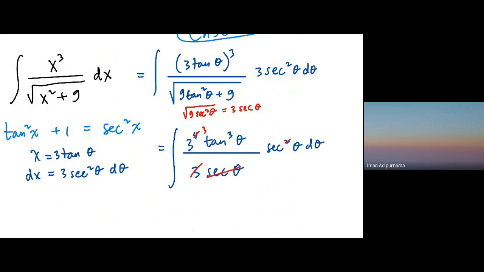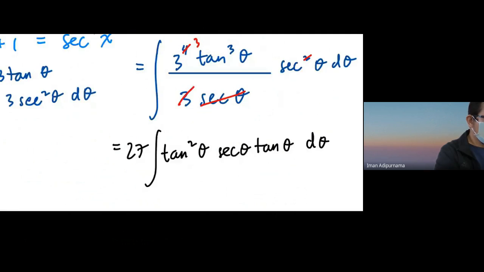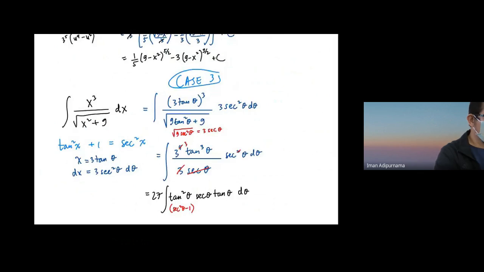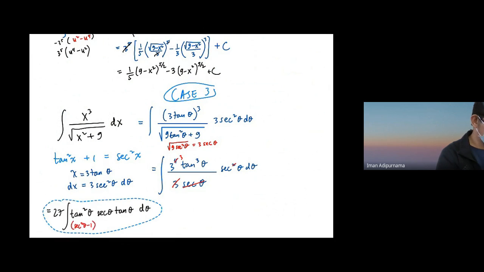If we have tangent squared, we can exchange the tangent with the secant, like the first one at the beginning. So 3 to the power of 3, 27, let's put outside. The inside becomes tangent squared theta, and then secant theta tangent theta. Now this tangent squared is secant squared theta minus 1.